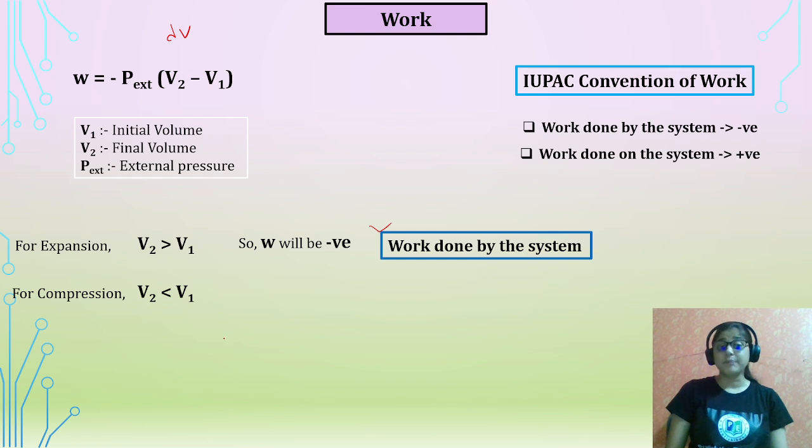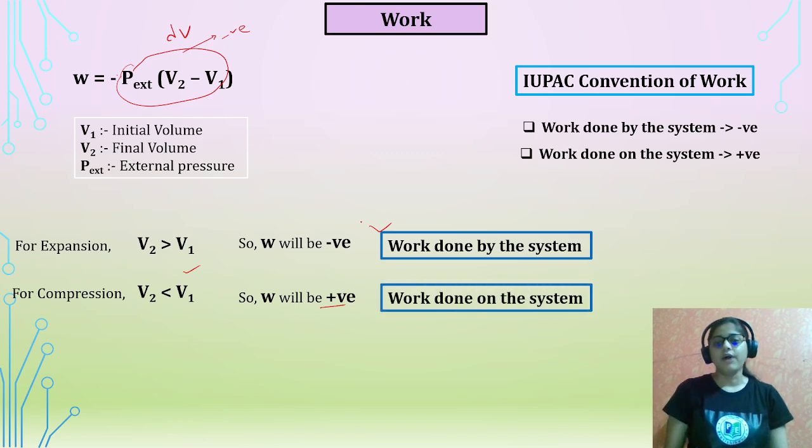Now for compression, V2 will be less than V1, right? So if it is less than V1, this term will be negative, and here one negative is present, so negative times negative will be positive. So work will be positive, work done on the system. I have explained this with a simple example.